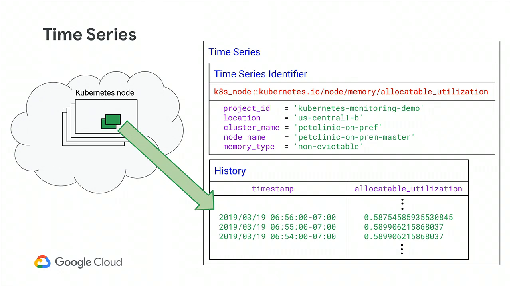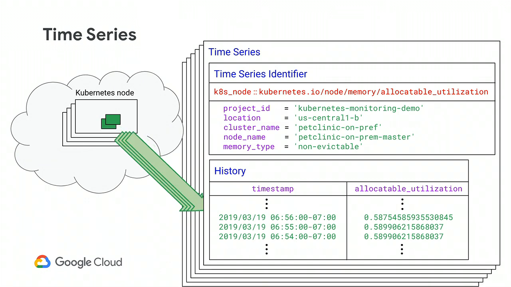Now, obviously, we have a lot of nodes out in the cloud, and they have a lot of metrics, and so we're going to have a lot of these time series. And you might think of this slide as being reproduced once for each resource and metric type, and they'll have different labels, but the same time series identifier uniquely identifying the time series and a history associated with it.